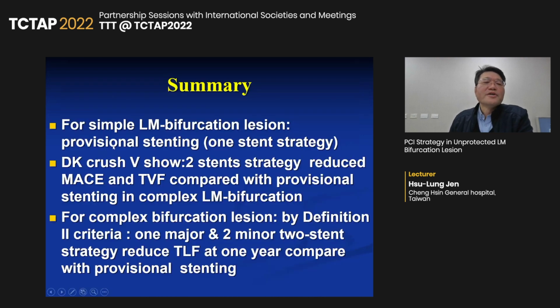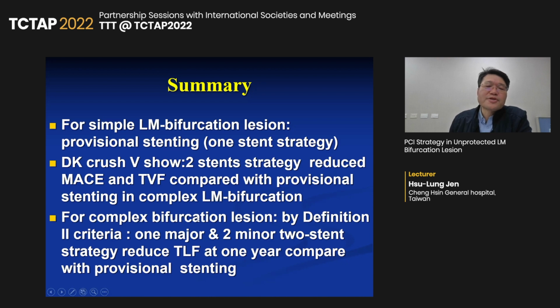So finally, for the simple left main bifurcation lesion, provisional stenting is the one-stent strategy, and we think it is the best policy. But the DKCRUSH-V study showed the two-stent strategy reduced the target vessel failure compared with provisional stenting in complex left main bifurcation.